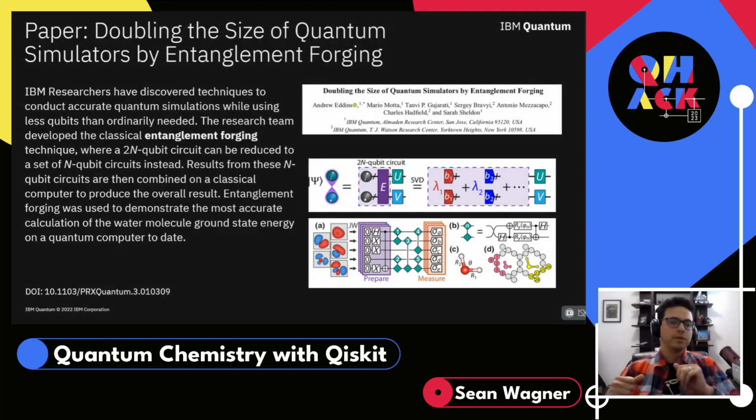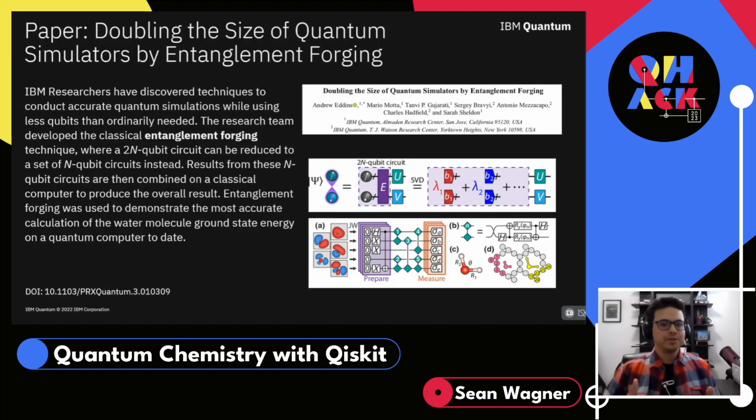So in this case, they're looking at entanglement forging to break down the circuit. They were able to show that they can actually get away with half the number of qubits in order to simulate the same molecule at the same level of fidelity, in this case calculating again ground state energy.